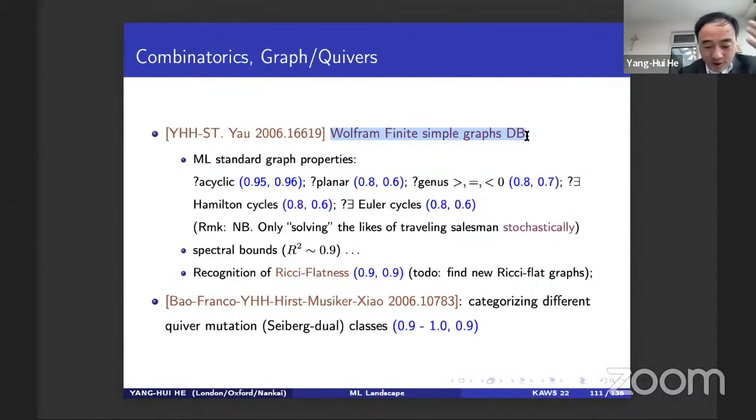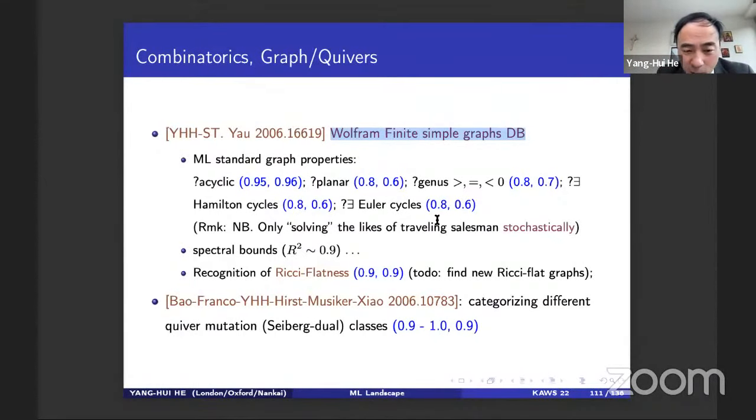And then use the same paradigm, 80-20 split or 20-80 split, train on some graph properties. Does the graph have cycles? Is the graph planar? What is the genus of the graph? And you get this level of accuracies, averaged over neural networks, support vector machines, and other classifiers. Just trying to do it.